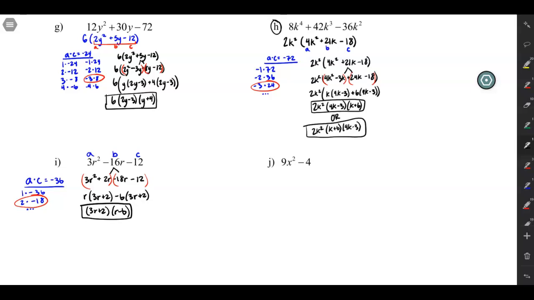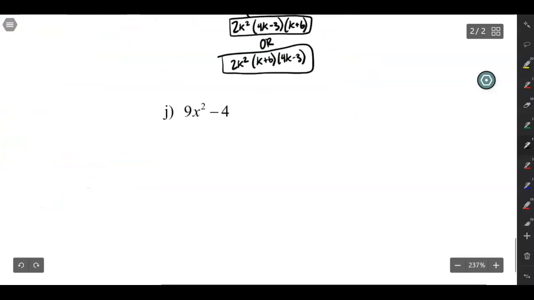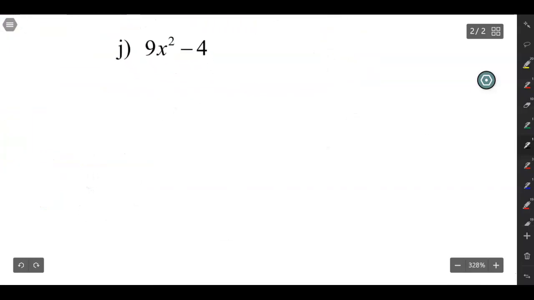I wanted to work through the very last one with you guys because it looks different because there's only 2 terms. So my a is this first term, the number in front of the x squared. This 4 is actually my c because the c is the number that doesn't have any x's with it. Your b would be the number in front of your x term. We don't have any x term, so that means that our b is equal to 0.